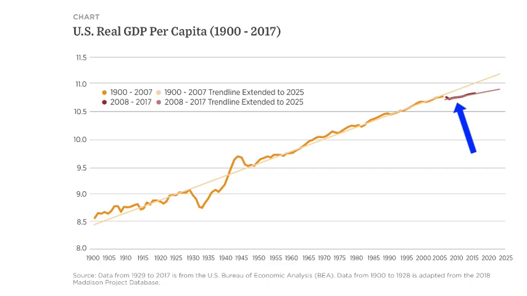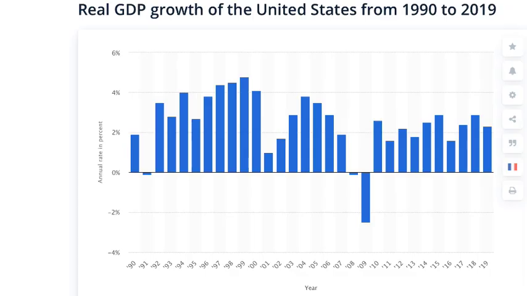This chart looks at economic growth year by year in percentage terms. Just in the last 30 years, going back, we can see in 1990, 1.9%. We have a recession in 1991, and there are some years in which the growth is very rapid.